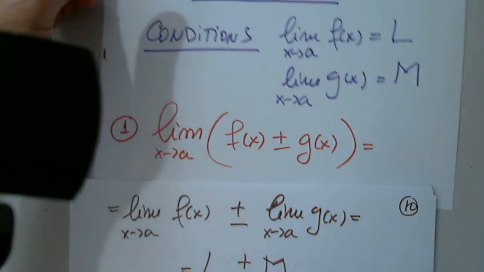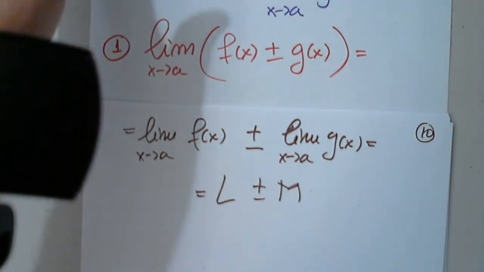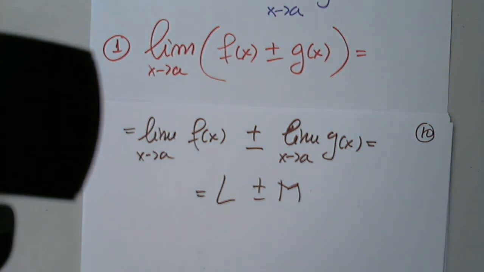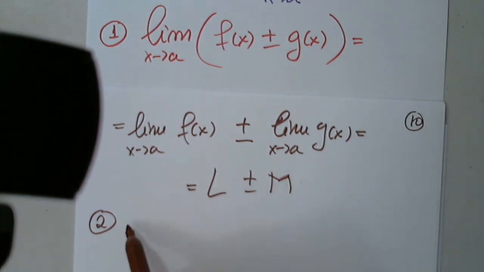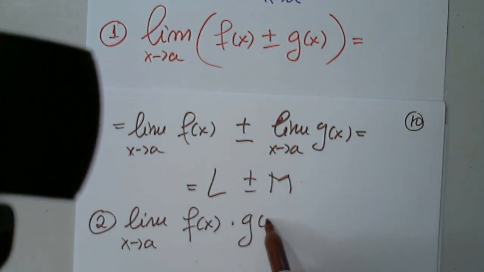Okay, next one. Okay, number 2. Limit as x approaches a of f of x times g of x. Wild guess.